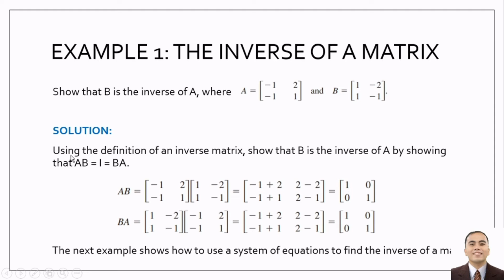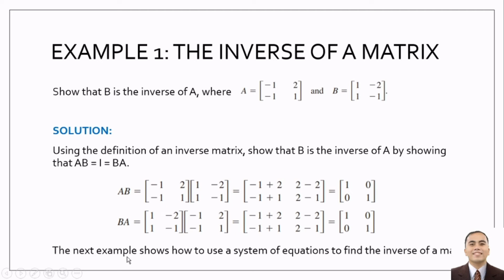Solution: using the definition of the inverse matrix, show that B is the inverse of A by showing that AB = I = BA. Multiplying matrix A and matrix B gives [1, 0; 0, 1]. Multiplying B times A will also result in [1, 0; 0, 1].